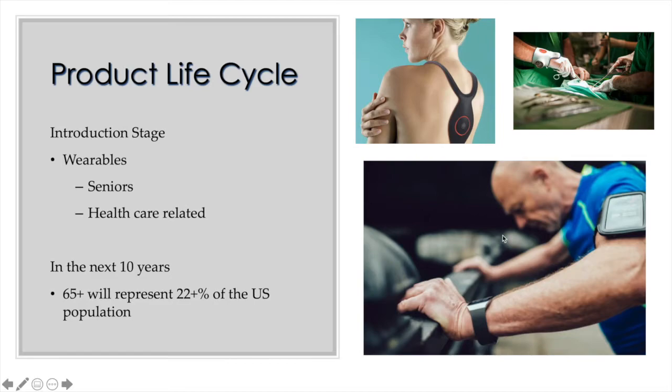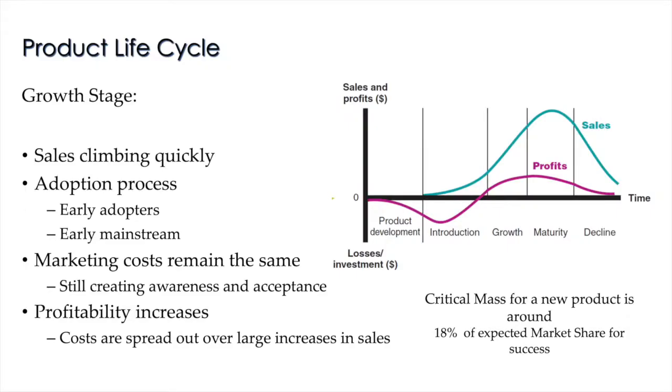In 10 years, 65 plus will represent 22% of the United States. Right now, it's about maybe 12%, and so all sorts of monitoring is going on in health because we need better health. So keep your eye out for wearables.